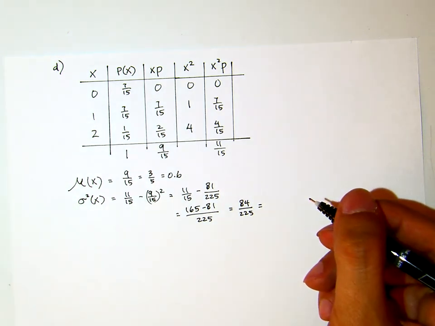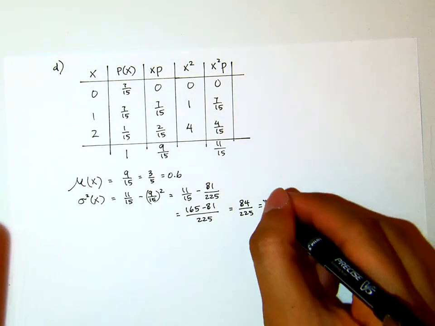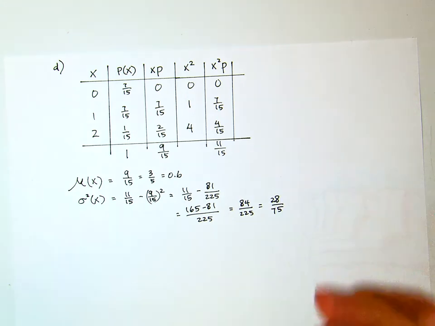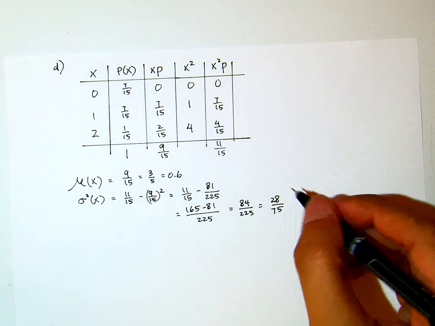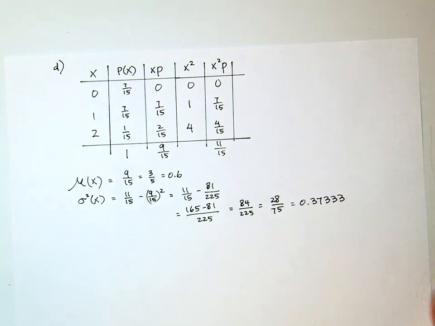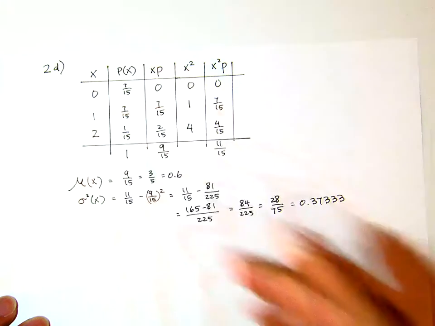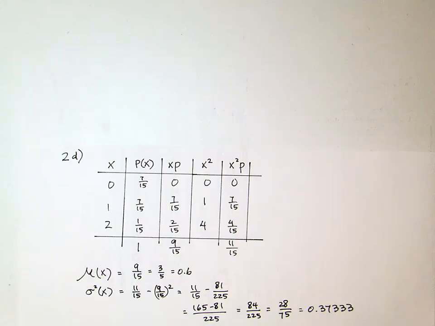I believe I can reduce by 3. If I reduce by 3, 84 becomes 28, and this will be 75. That's the simplest I can go. Or if I want to make it decimal, I get 0.37333 in decimal.